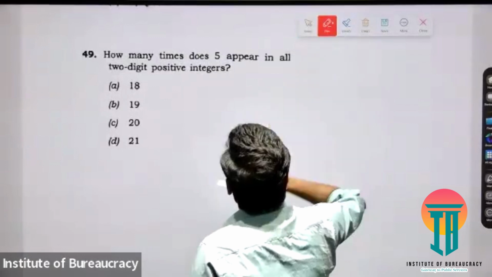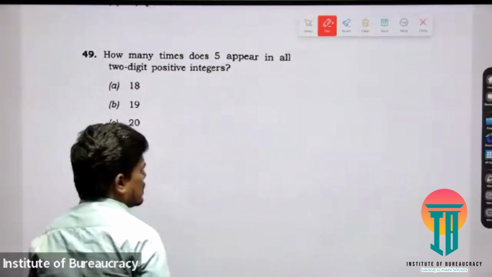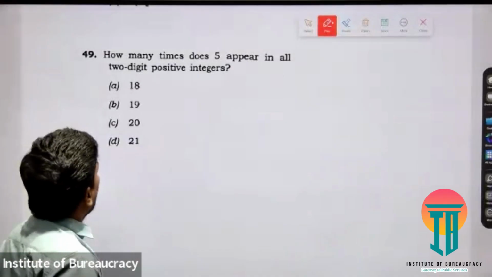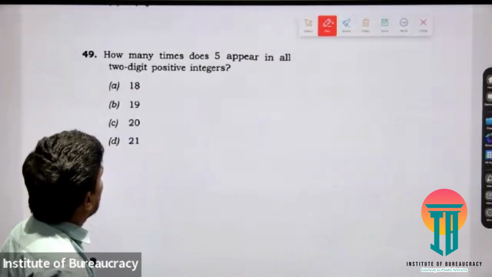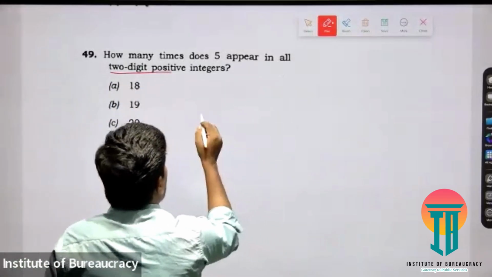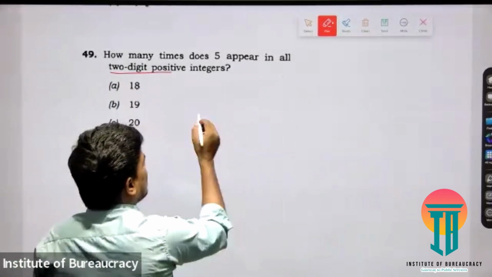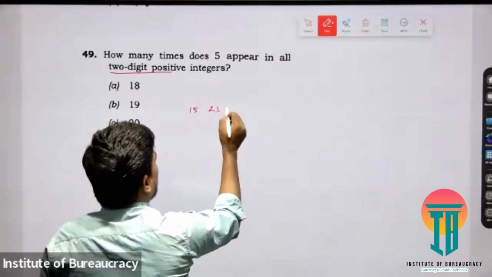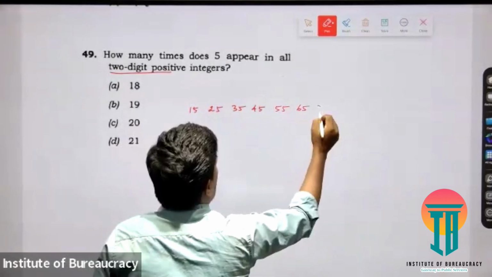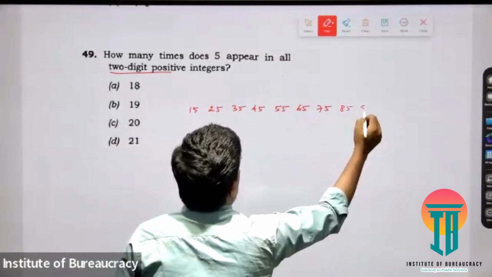Again, another simple question. This kind of question they used to ask. This time also they asked it. Counting based problems. How many times does 5 appear in all 2-digit positive integers? So 15, 25, 35, 45, 55, 65, 75, 85, 95.